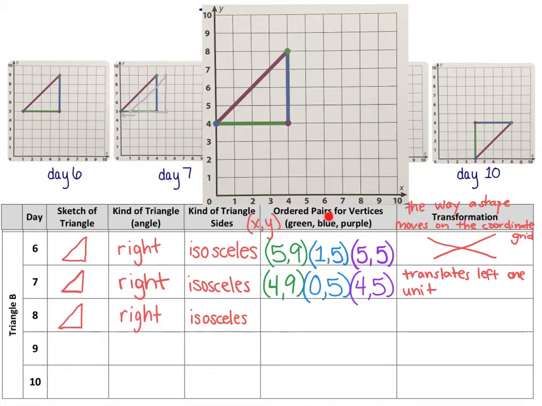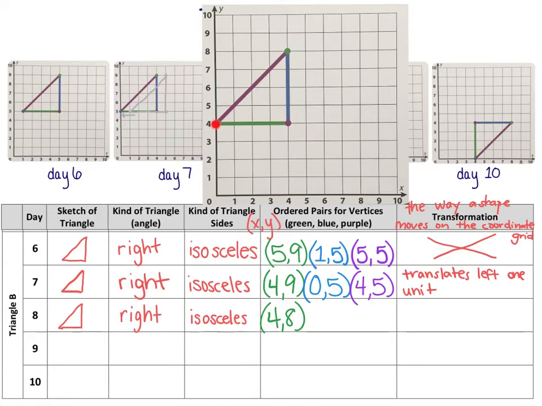Alright, here's a bigger view of day 8 right here. Let's look at the ordered pairs, starting with the green point. The green point is at, look at the x-axis, 4, comma, and on the y-axis it's at 8. 4, 8 in parentheses. Then we'll look at the blue point.